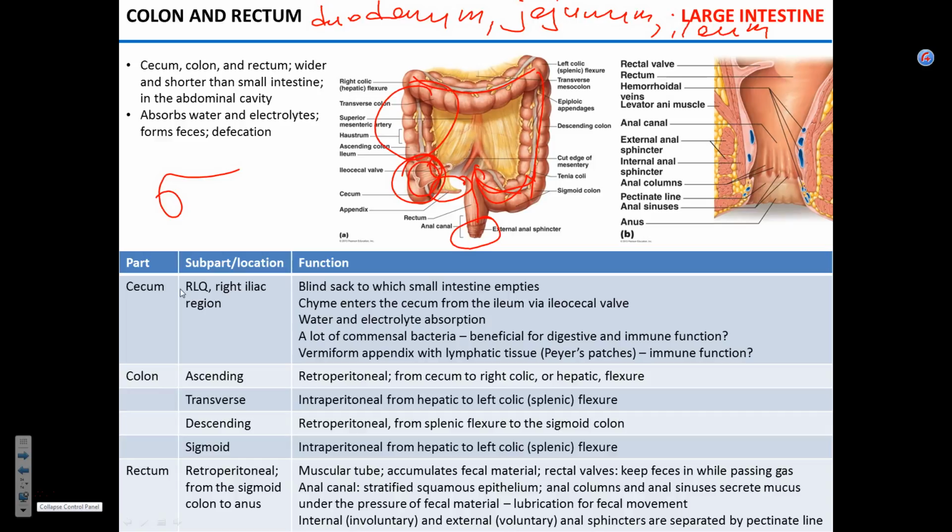Why? If it bursts, what happens? All the microbes in the appendix are going to spill into the peritoneal cavity. Now it's called peritonitis. And those microbes are anaerobic. They will have a field day. No oxygen, they will just grow.